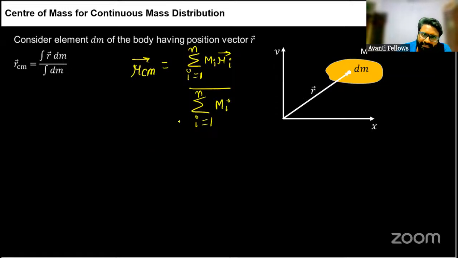Now this sigma you can apply for the discrete mass, but we want to calculate it for continuous mass. So continuous mass के लिए जो separation होता है उनके बीच में, that is very close. So उसके लिए we will apply the integration.